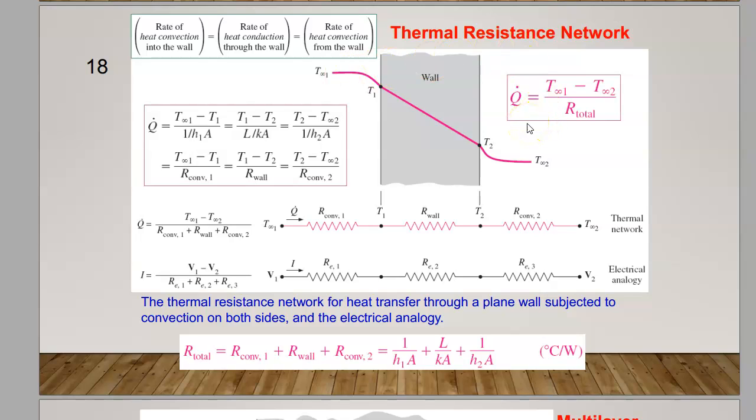So they name it H1 and H2. R total is equal to R convection 1 plus R wall plus R convection 2, which is 1 over H1A plus L over KA plus 1 over H2A. And the unit is Celsius per watt.